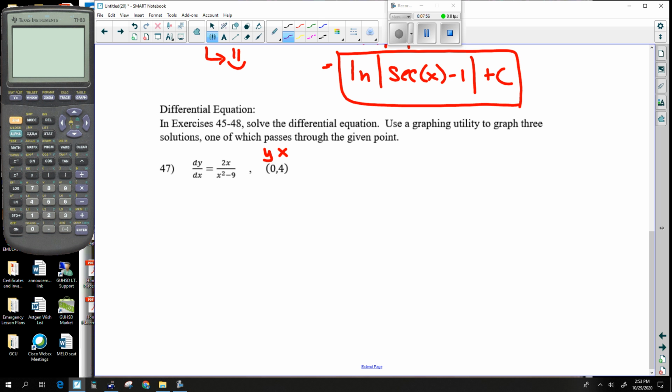So that means let's go u. So I am integrating this, which is going to be u to the negative 1.